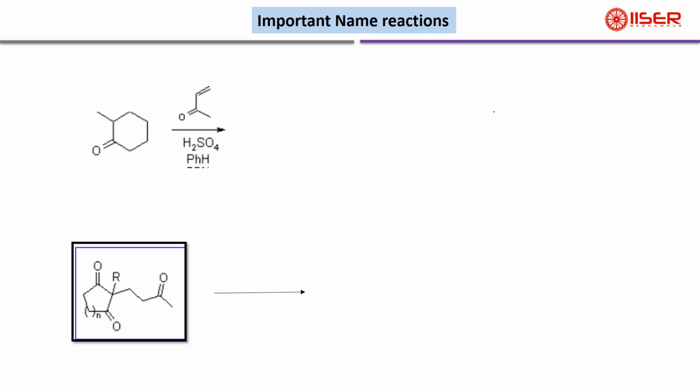Next, here they have given this cyclic ketone and this alpha beta unsaturated compound and asked for the product. So let's go step by step. Here acid is given, so obviously the aldol first, the enol will form.